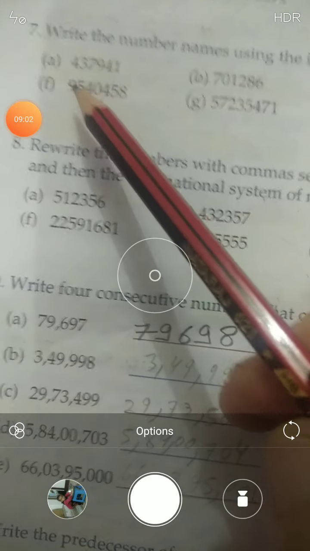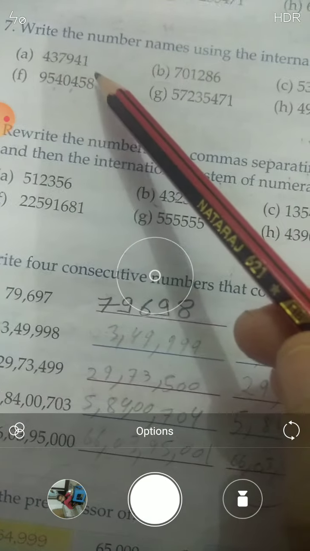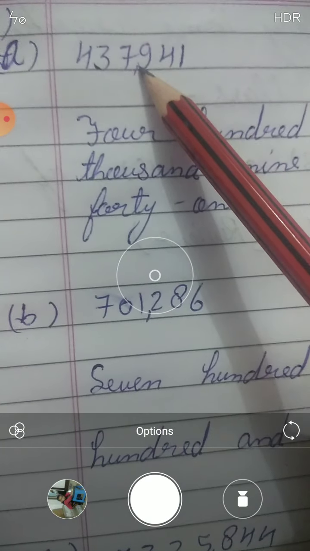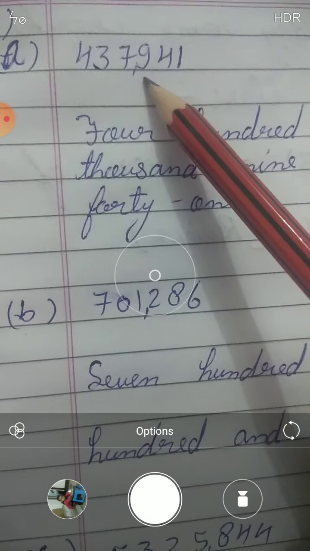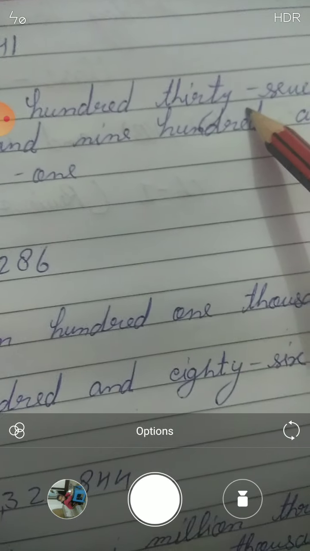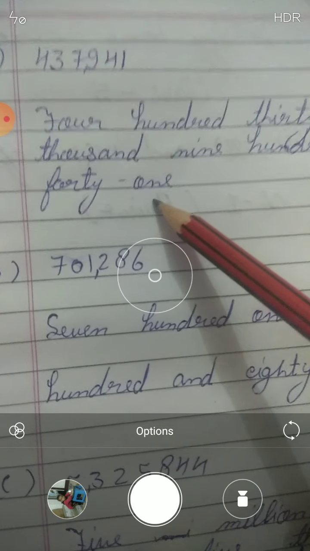In question number 7, write the number names using the international system of numeration. First part is here. We will put the commas according to the international system. What is that? 437,941. Come to the B part.